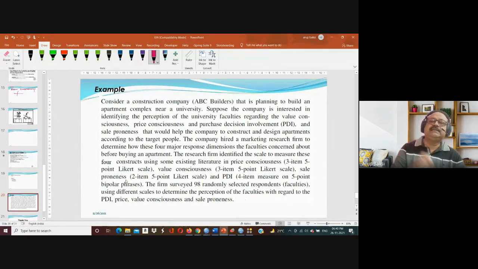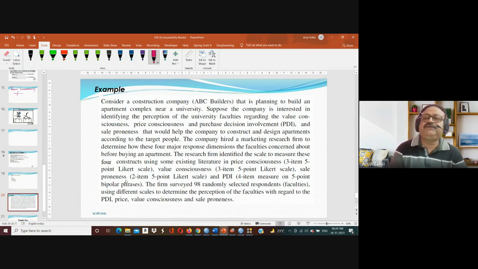But in this case, at least this particular builder has a preconceived notion about the existence of certain factors. So there are 4 factors or 4 dimensions they have already identified, but it is not a mandatory thing or a hard and fast thing to stick with these factors after the analysis is carried out.